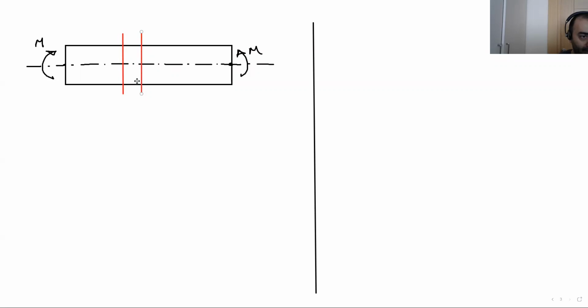I'm going to take into account two different sections on this member. This is A, and this is B.